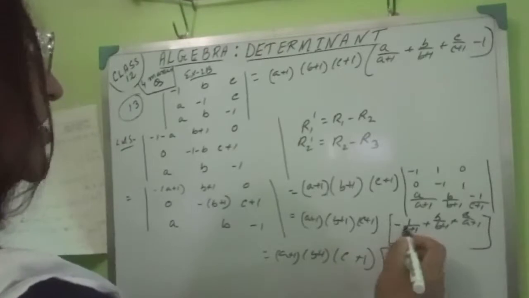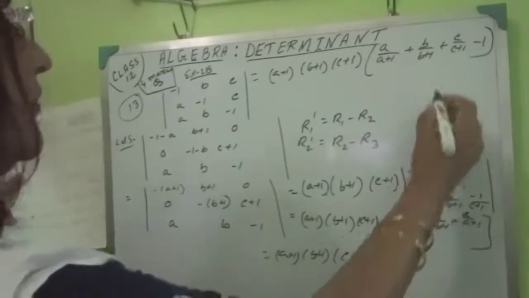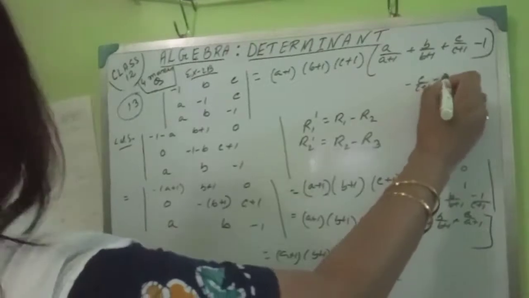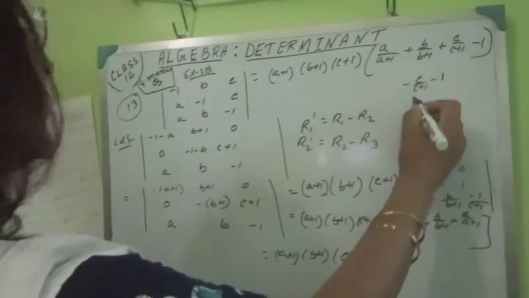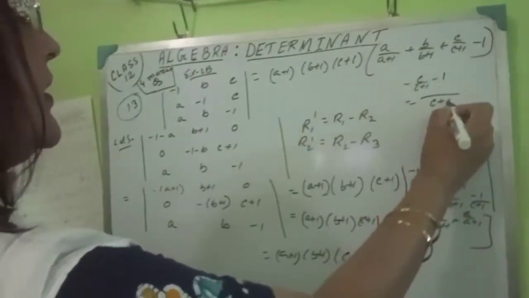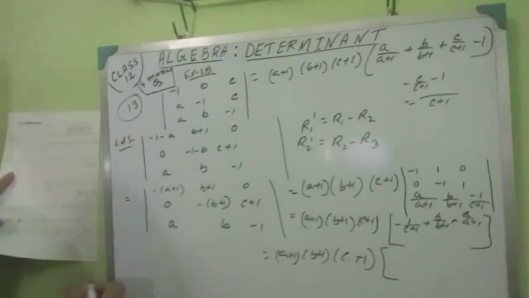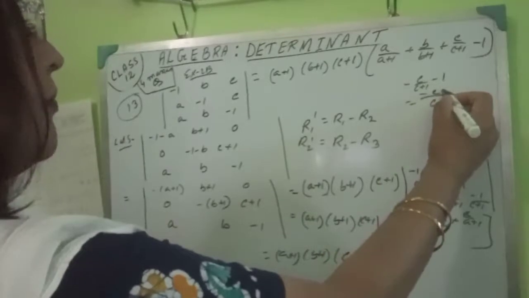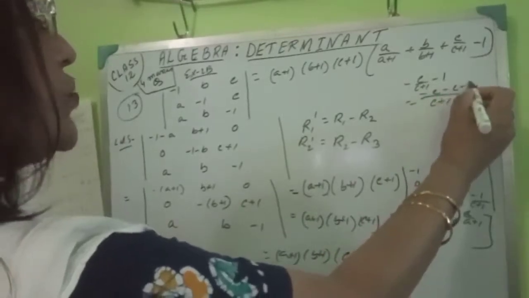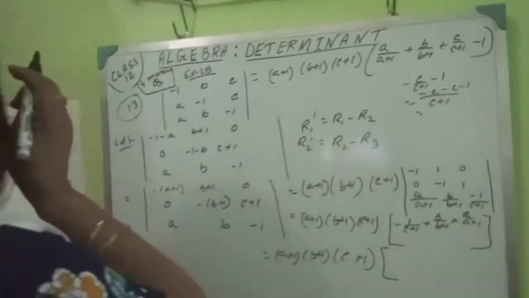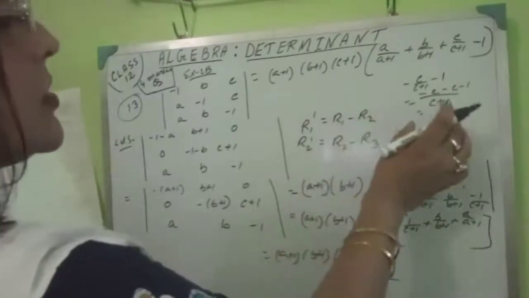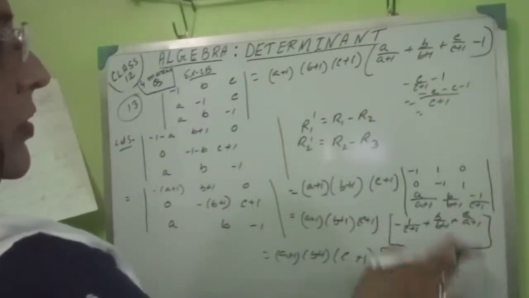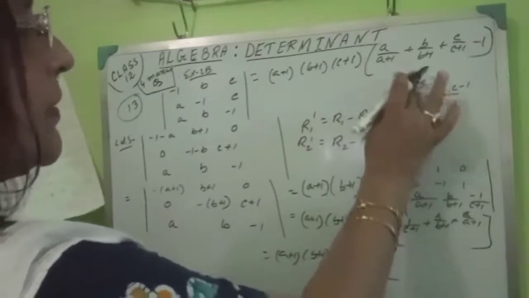and as it is minus 1 by c plus 1, we know minus c by c plus 1 minus 1 is equal to, let's write this as minus c plus 1 as LCM, it will be minus c minus 1. No, it will be c by c plus 1, right?